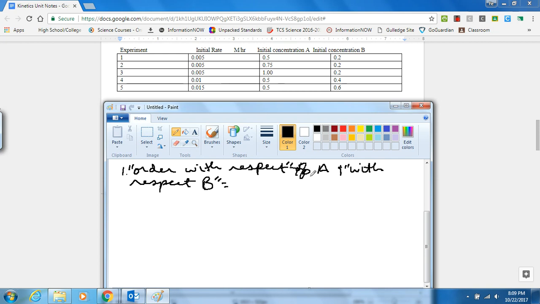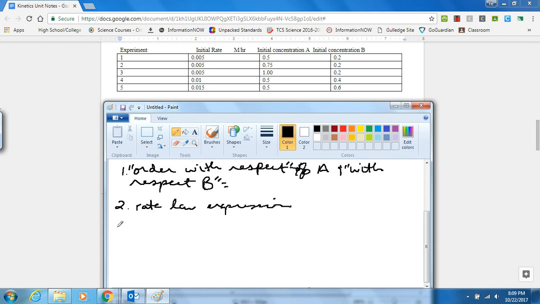What's B's order? So that's what that means in case you come across that and you get a little confused. So we want to figure out the order of A and B. Another thing that we want to be able to do is figure out the rate law expression.